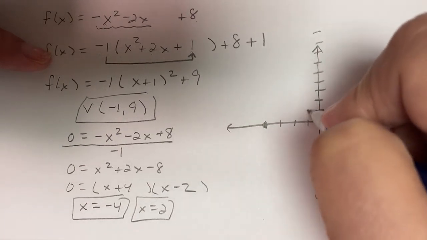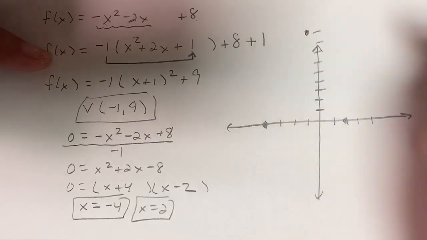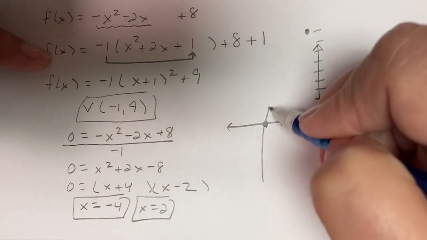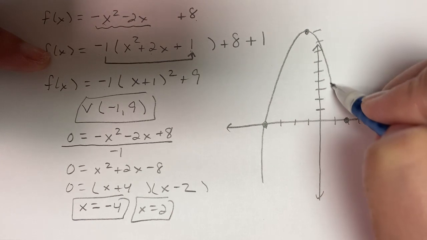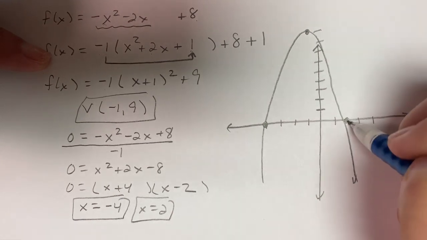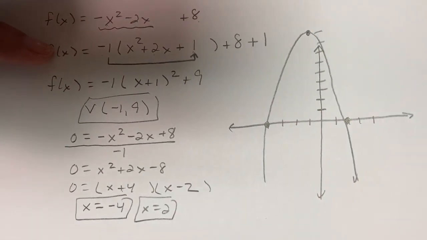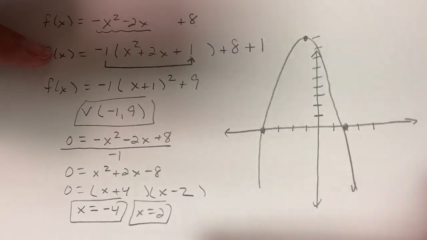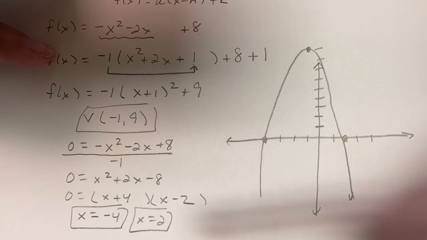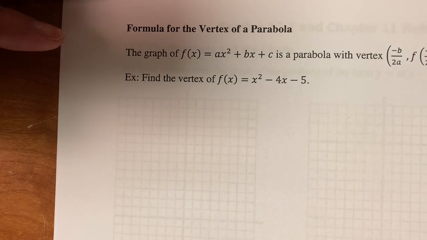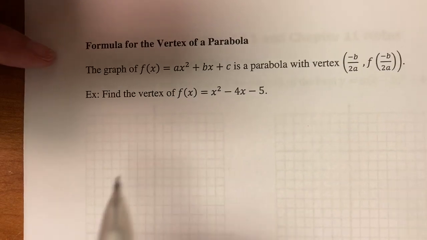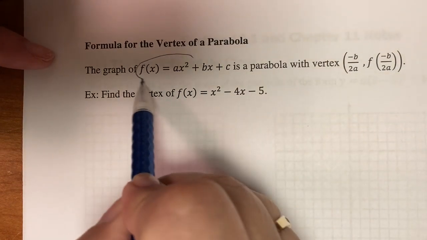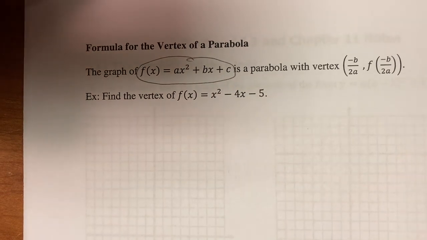And I know its vertex is at -1, 9. And you can see it's going to do, oops, that's a bad graph. Sorry about that. It's going to do exactly what we thought it would do. So getting it into that form is very important for you to be able to do. So that's one way to graph a parabola from that form, is to actually put it in the other form, which we've just seen 2 examples for.